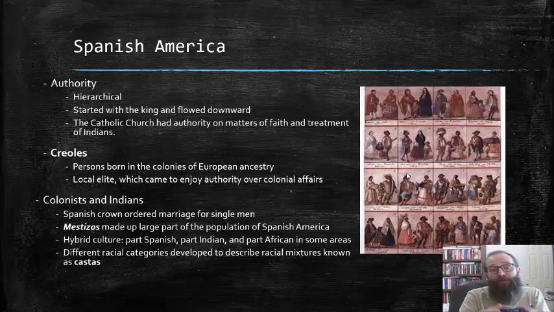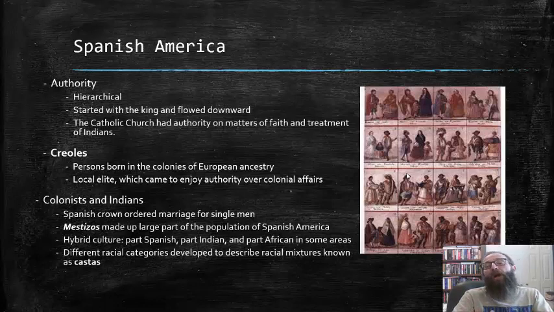The Native Americans were generally controlled by the Catholic Church and these missionary societies, and their labor and the structure of their settlements was very much controlled by the Catholic Church and these societies.